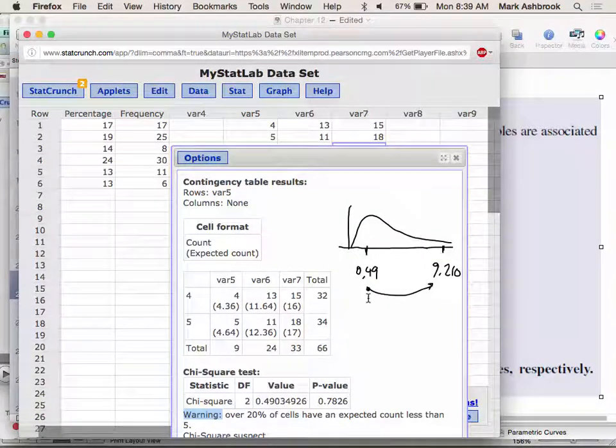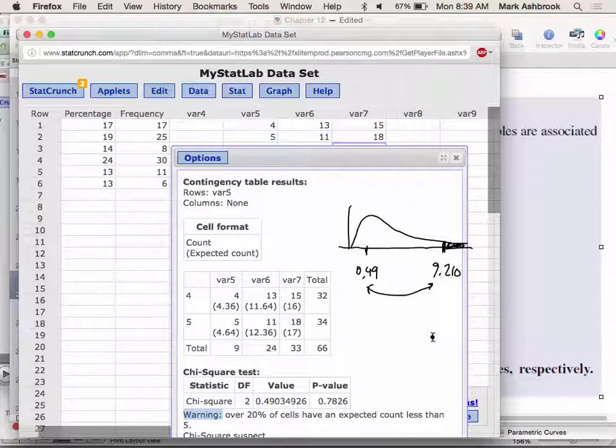Even though we have one too many categories with expected counts less than 5, look how different those are. Pretty different, and probably still safe to conclude what? Reject or do not reject the null? Do not reject, and that's because there's no association. They're independent.